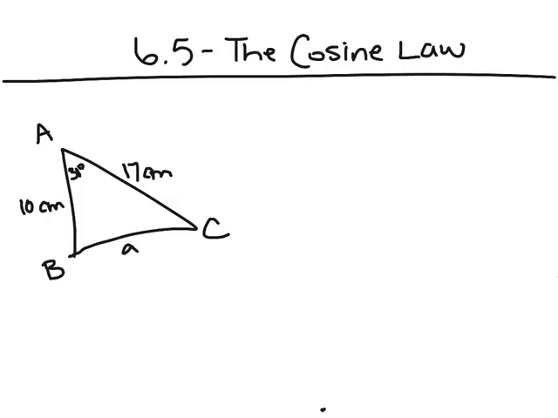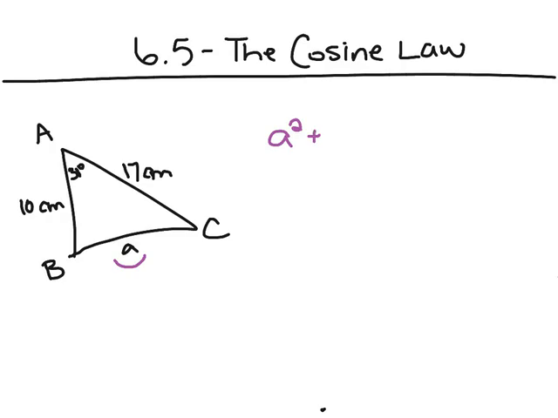So if we take the triangle ABC, we want to find the length of BC, which is our a side. When you find a length using the cosine law, you want to write your equation with the variable you want to find first.